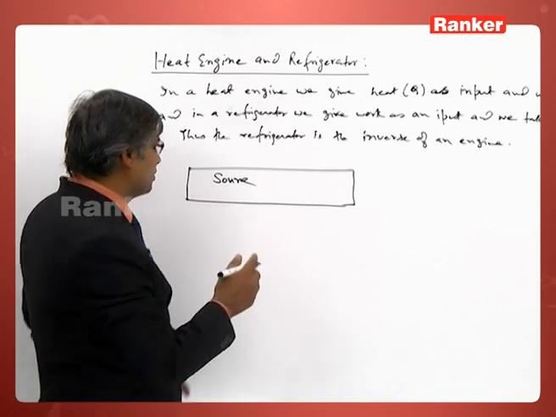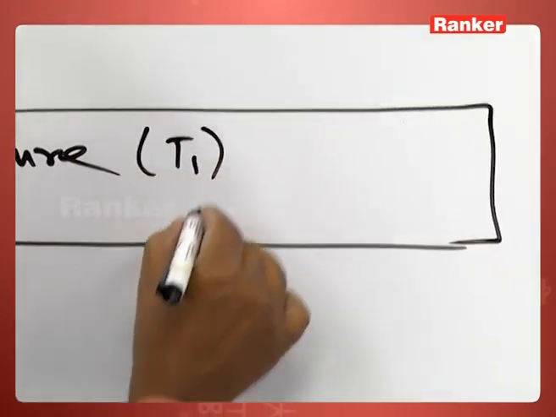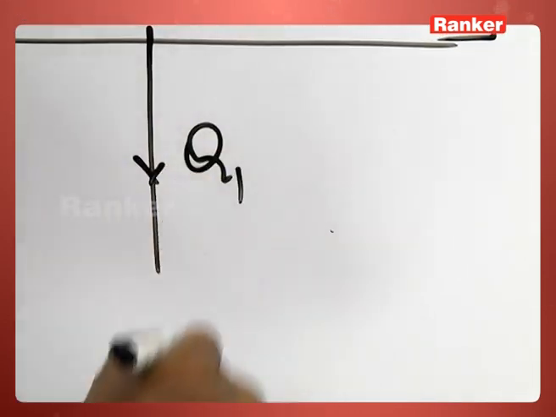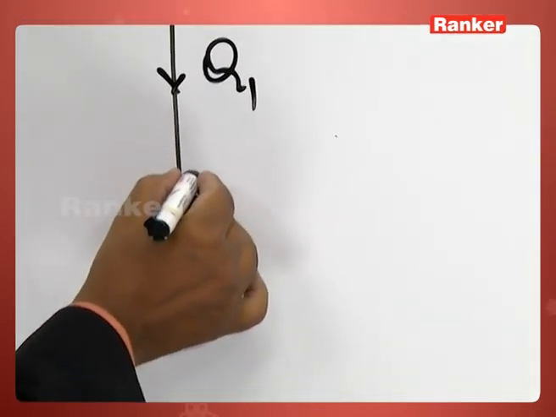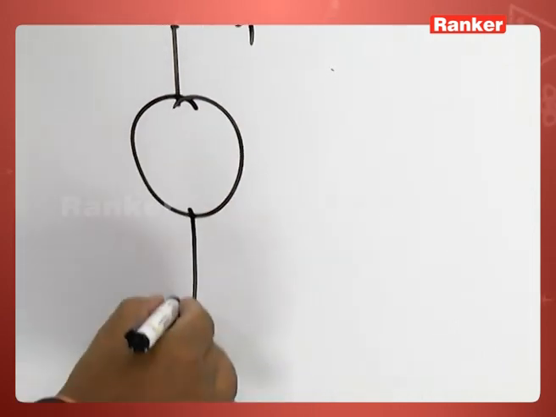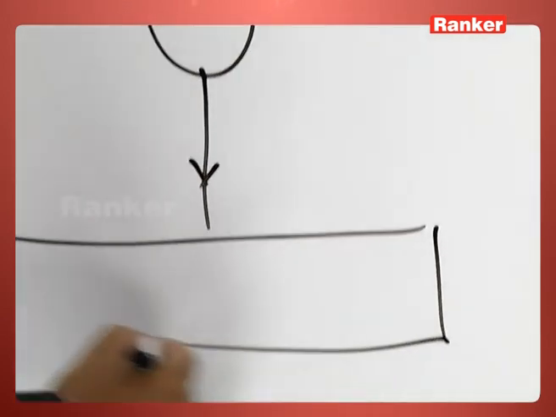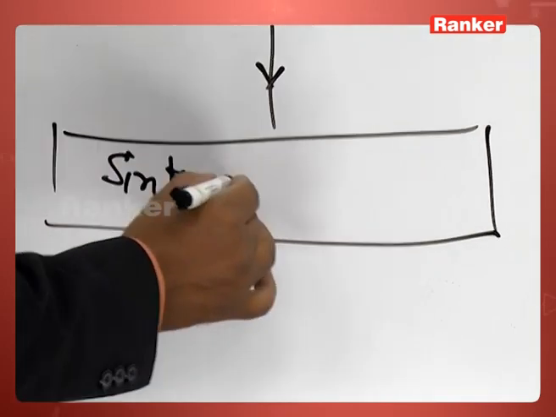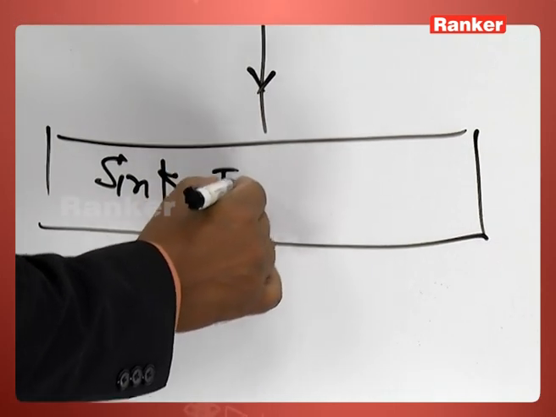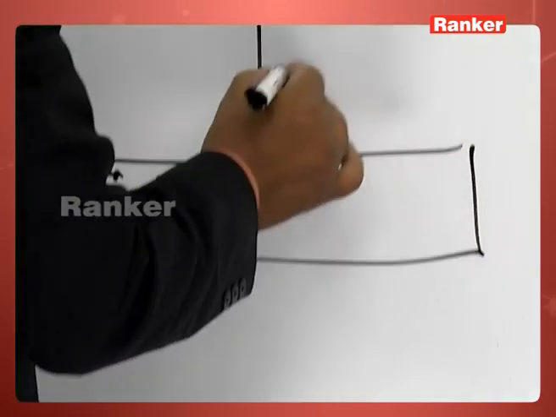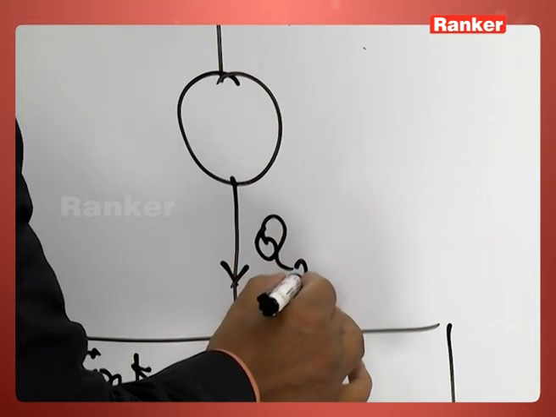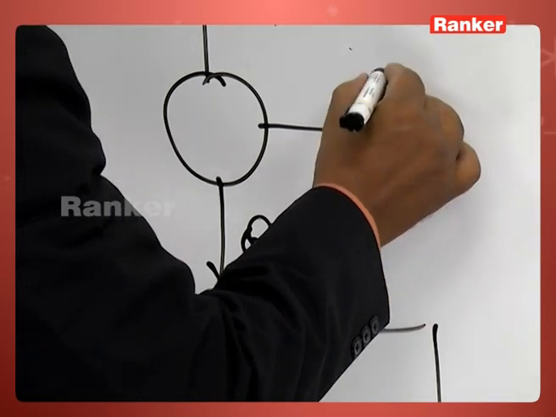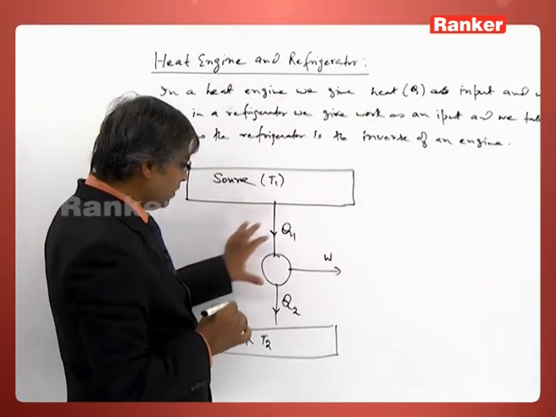So that is the source at some temperature T1 and it supplies energy, heat Q1, and you see some of the energy is rejected in the sink, that is at a lower temperature called T2, and this energy, suppose radiated, is Q2, that went to the sink, then the difference is converted into work.